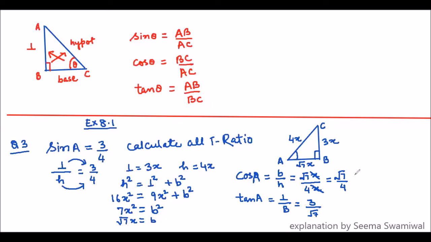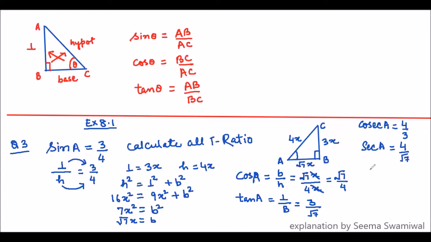Now we want to find the reciprocals of these trigonometric ratios. Reciprocal of sine is cosec. Cosec A will become, since sine A is 3 by 4, 4 upon 3. The reciprocal of cos A is sec A, so this will be 4 upon square root 7.